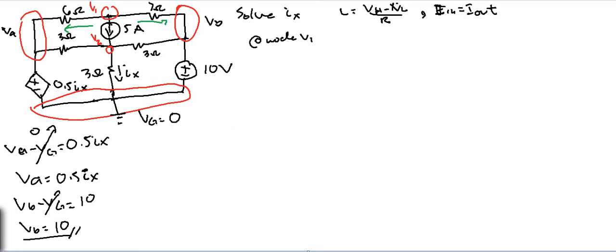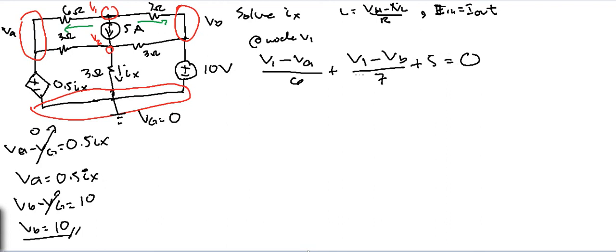Meaning, if I write the equation, I have V1 minus VA over 6 plus V1 minus VB over 7 plus 5. Bakit plus 5? Kasi nga lahat to leaving dito na side. Tapos dito we have 0 na entering. And this is just an assumption.